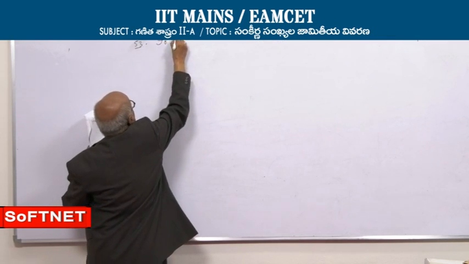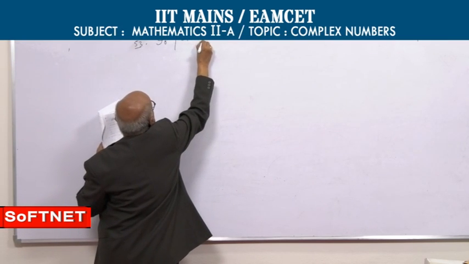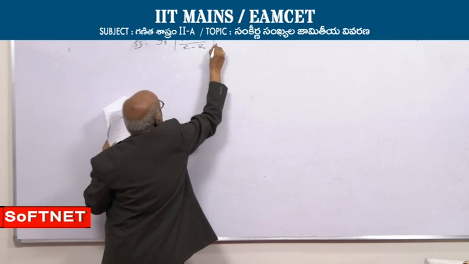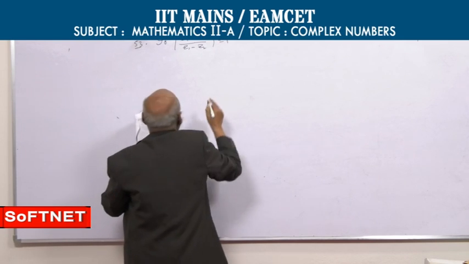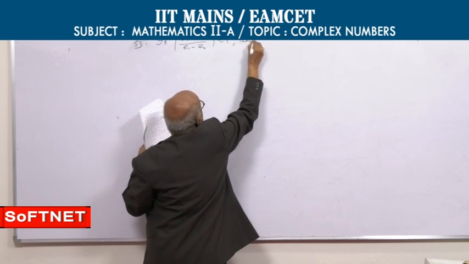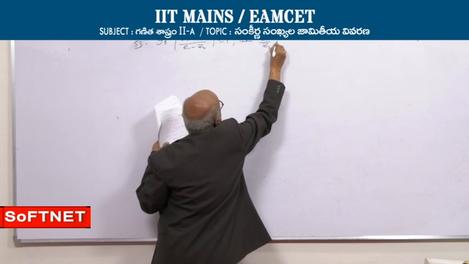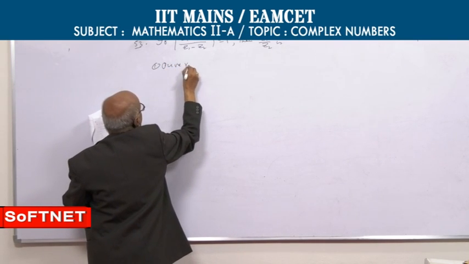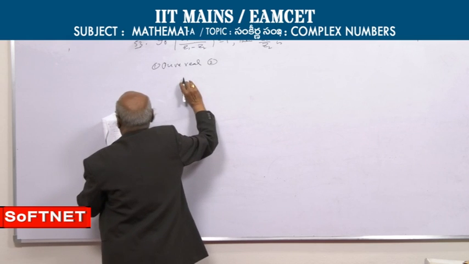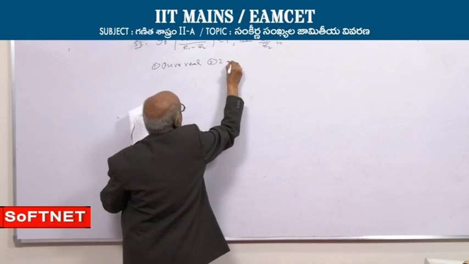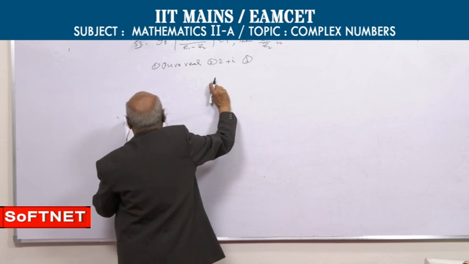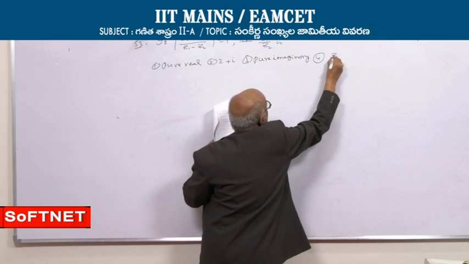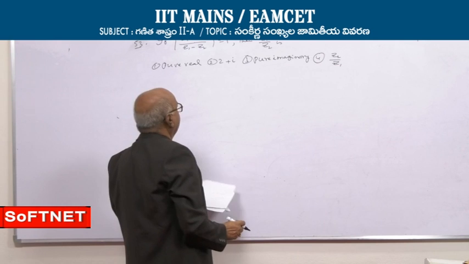53. If modulus of z1 plus z2 by z1 minus z2 is equal to 1, then z1 by z2 is: 1, pure real; 2, plus side; 3, pure imaginary; 4, z2 by z1 itself.